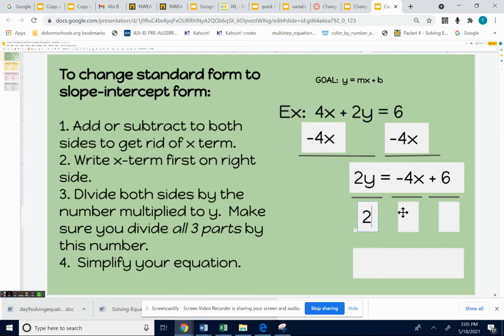When you multiply a sum by a number, you have to distribute and multiply it by both. Well, if you have a sum that's divided by a number, you got to divide both parts by that number. So we divide all 3 parts by the 2. That's going to leave us with y on the left.